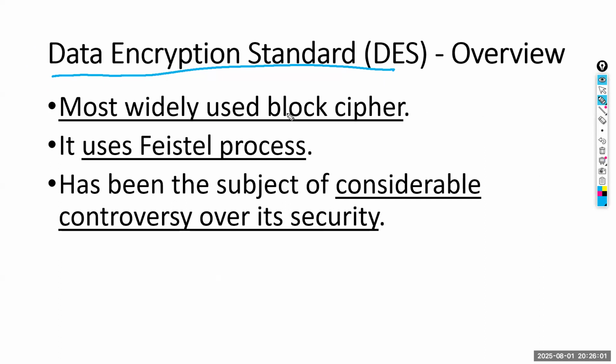This is the most widely used block cipher, especially historically, and it uses the Feistel process. That is why we discussed the Feistel network first. This used to be very popular, but now people have found some controversy or loopholes in this algorithm.